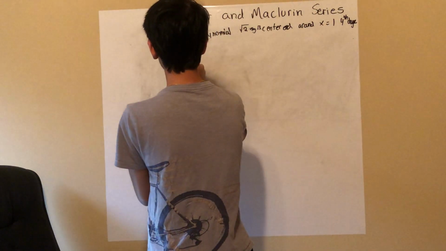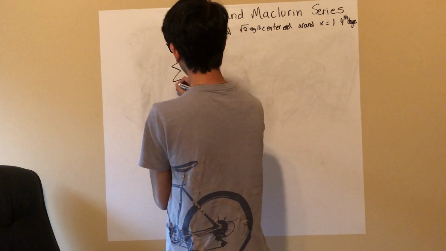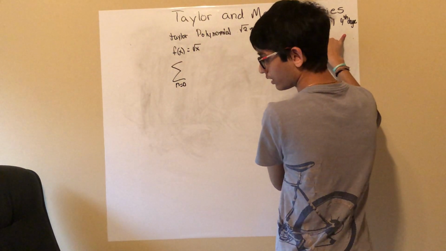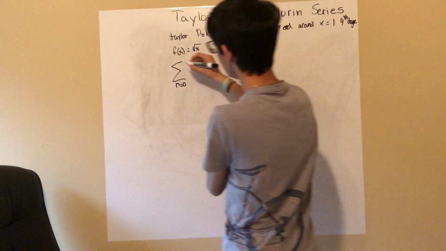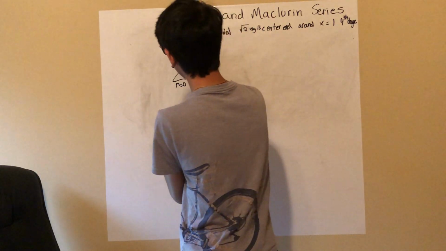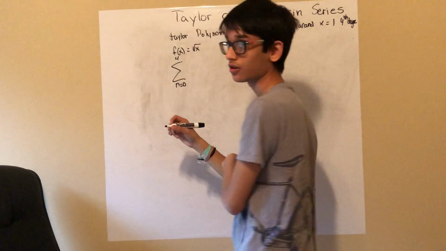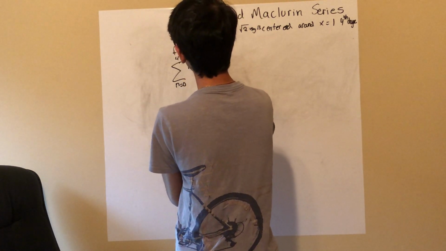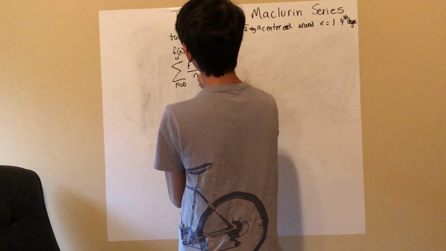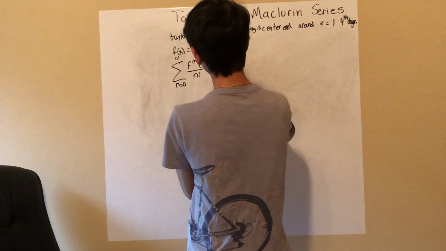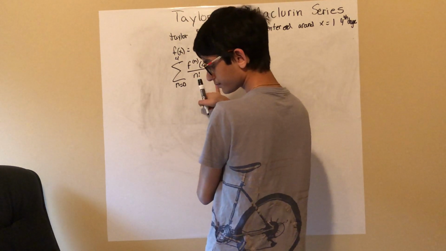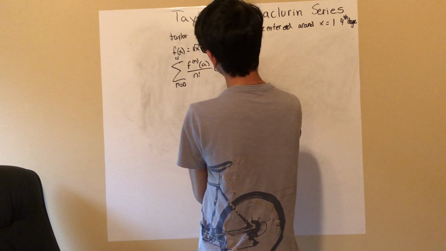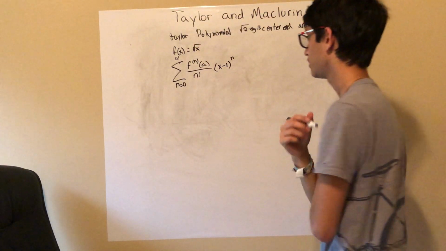So once again, we need to write it. But as you see, it says 4th degree, right? So in this case, it isn't the sum till infinity, but rather a finite sum of f to the n of a over n factorial times x minus a, where a is equal to 1, to the nth.